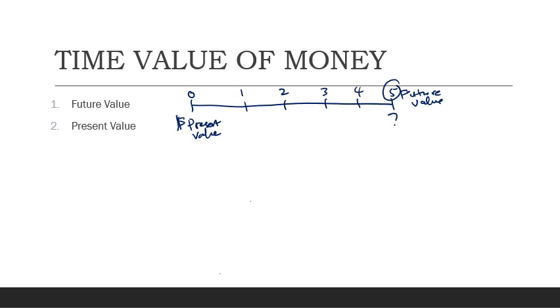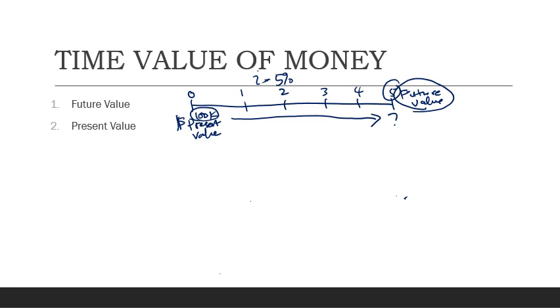For example, what is the future value of 100k if you put it here, at the end of 5 years, if it will enjoy a 5% interest rate? So we would like to know the future value of 100k, 5 years ahead, if there will be interest of 5%.